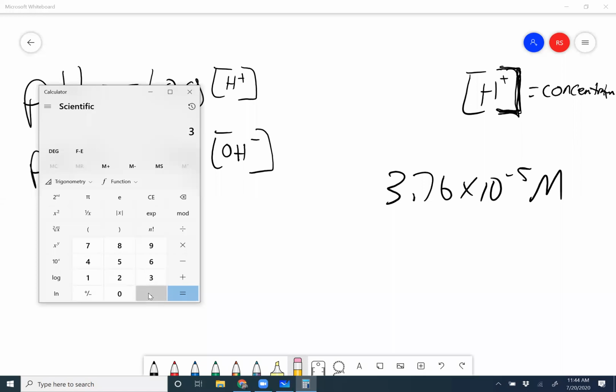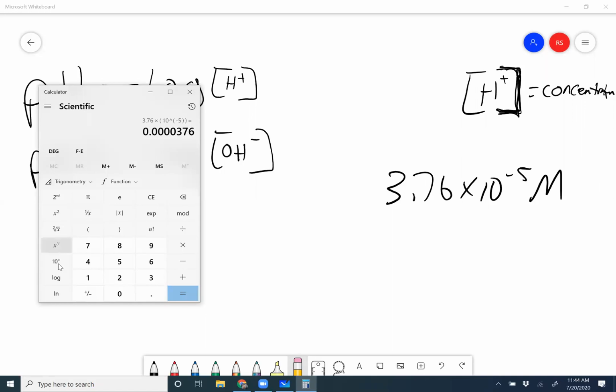So 3.76 times, and I like to do this in parentheses, negative 5, and then we do 10x. There we go. And then we end that in the parentheses. So we should have 3.76 times 10 to the negative 5th. And so there you go, you can see it.